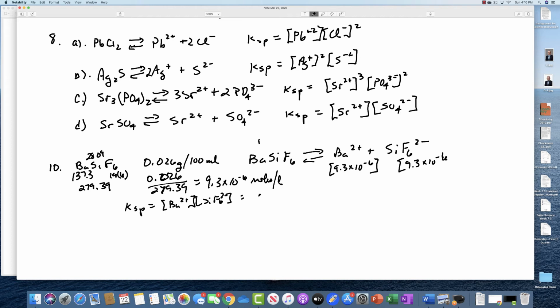So that's going to equal the 9.3 times 10 to the minus 6 basically squared, which is 8.7 times 10 to the minus 12. Well, 11 actually, because 9 squared is 81, so it's 10 to the minus 11, keeping the exponents correct.